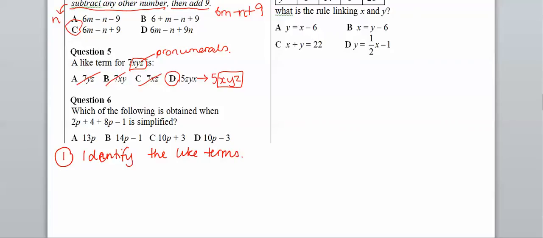Okay, so I'll put a box around the ones that are the same. So this has both got p, so 2p and 8p are the same. And then we've also got our constants that are the same, which can be added, and we'll circle them. Can be simplified. Okay, so now step 2, we are collecting our like terms.